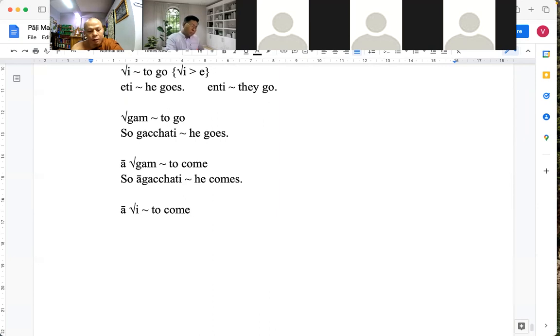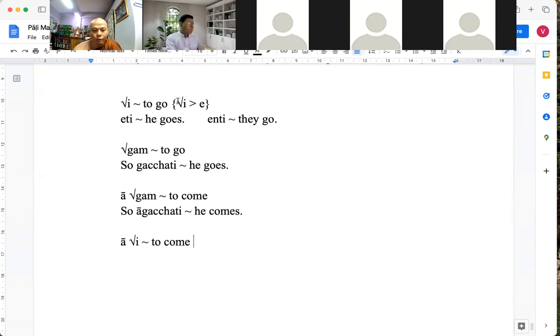Here the root i alone also has a natural change into e, and a and then i, these two vowels together also have a natural change into e.